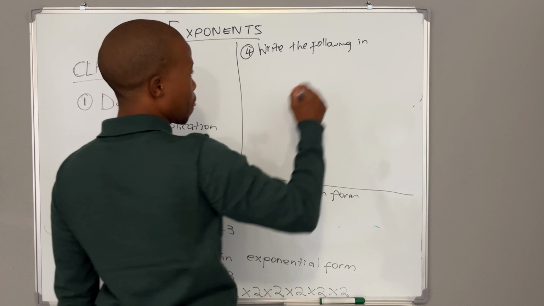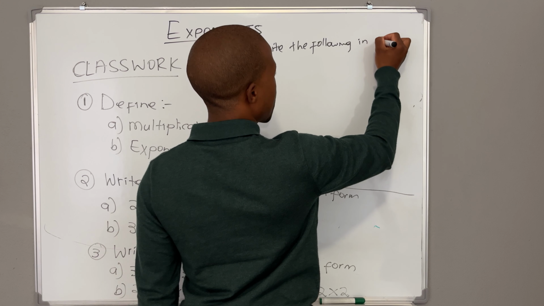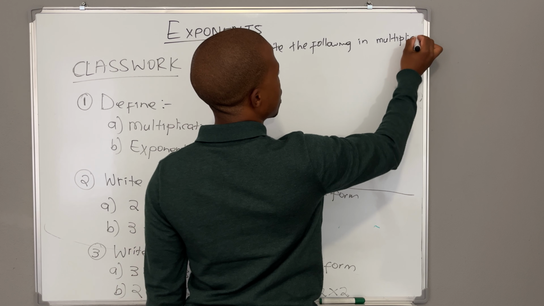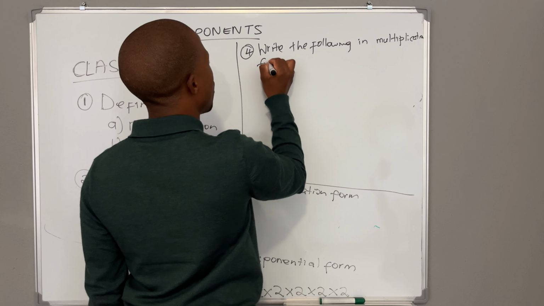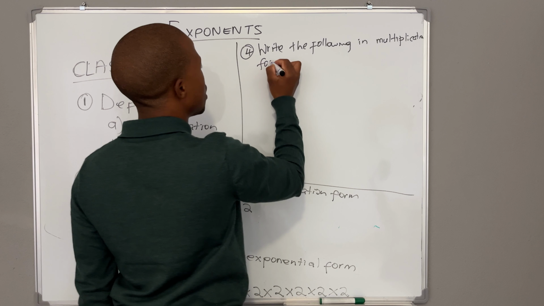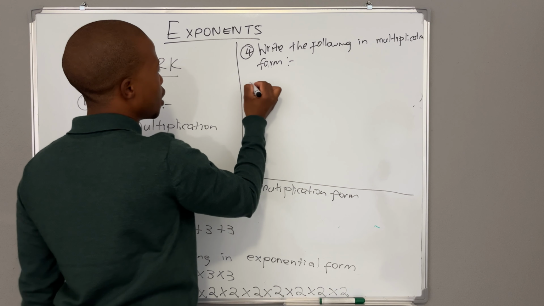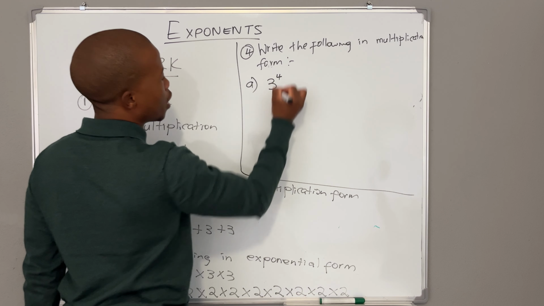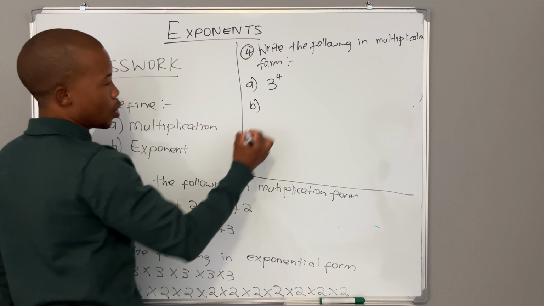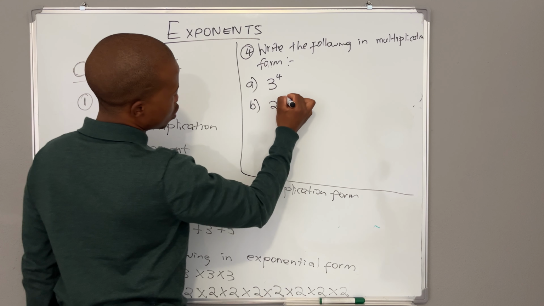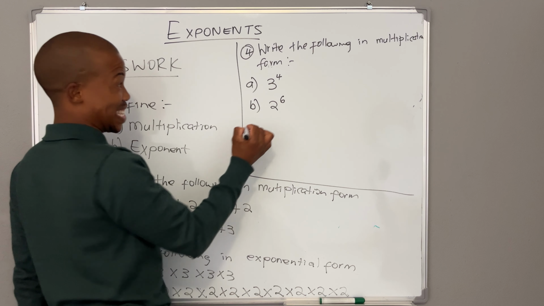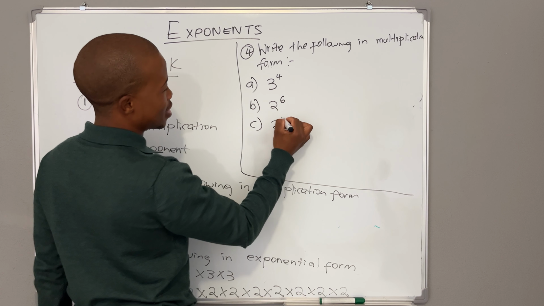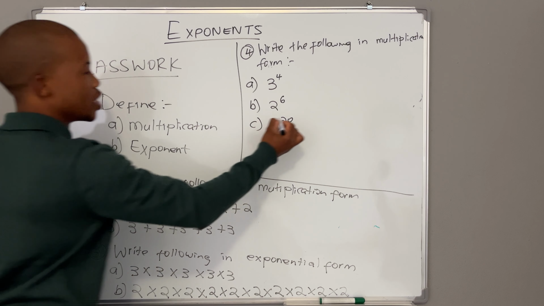In multiplication form. A, you're going to have this, and then B, you're going to have this, and then C. C, you're going to write this as 2 to the exponent 20.